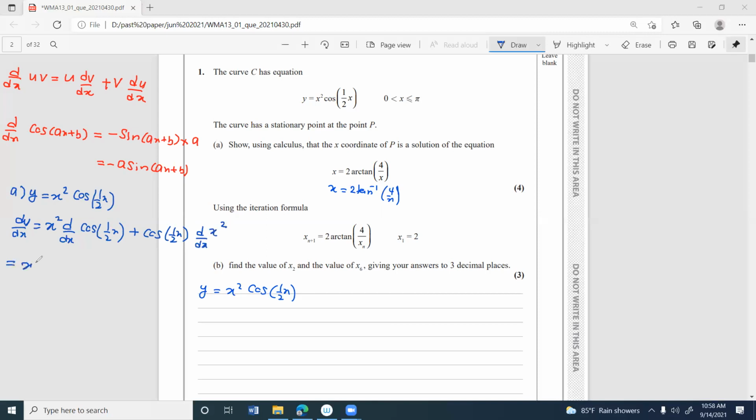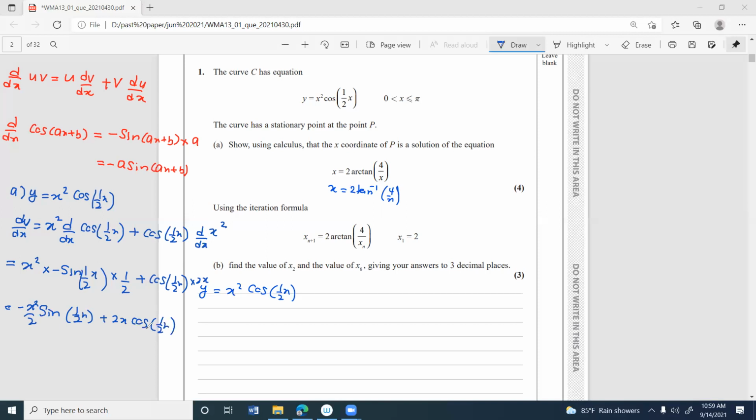So in this case, it turns out to x squared times, if you differentiate cos half x, minus sine half x times the differentiation of half x, which is half. Plus cos half x times the differentiation of x squared, which is 2x. So if you simplify this, minus x squared over 2 sine half x plus 2x cos half x would be the answer for this.